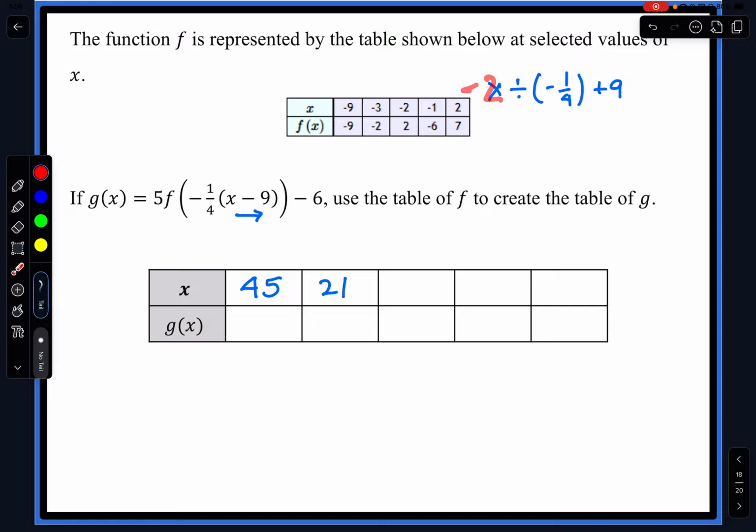Negative 2 divided by negative 1/4 is positive 8, plus 9 more is 17. Negative 1 divided by negative 1/4 is positive 4, plus 9 more is 13. And then finally, positive 2 divided by negative 1/4 is negative 8, and negative 8 plus 9 is 1.